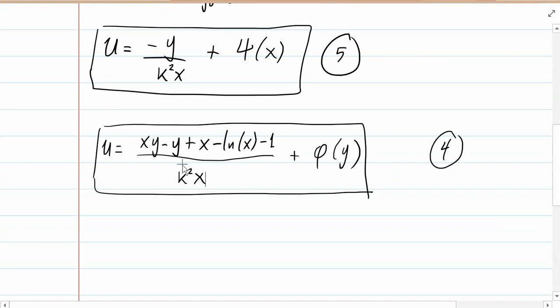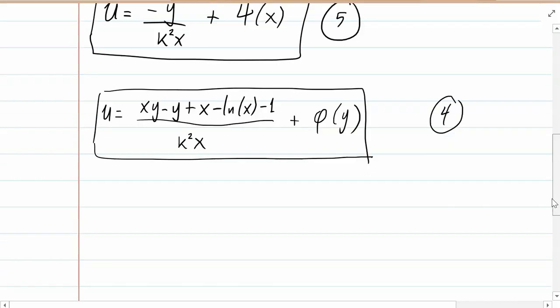So I have this thing here, negative y over k squared x, and this is exactly where my problem will be. I can only add a function entirely of x. So what do we have? We're going to first write down the common terms. So there's only one common term.